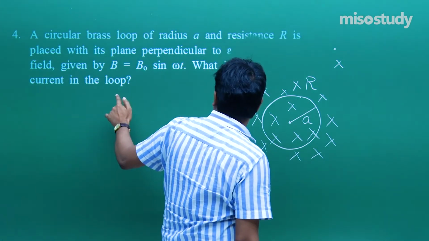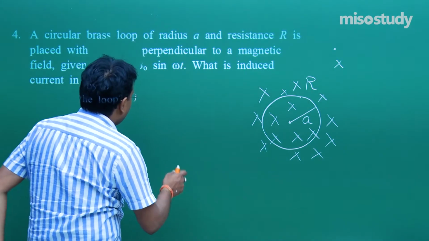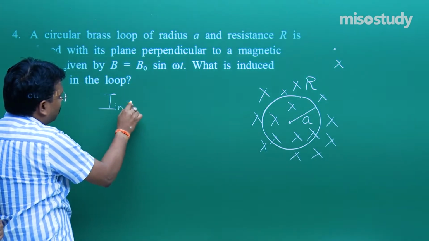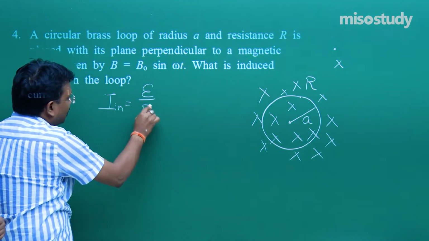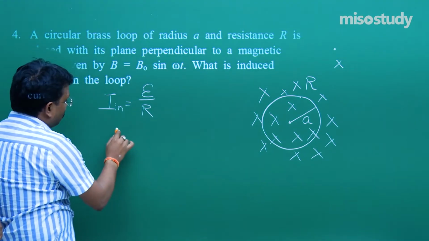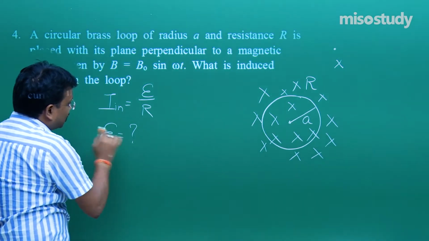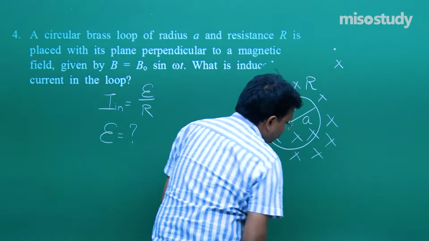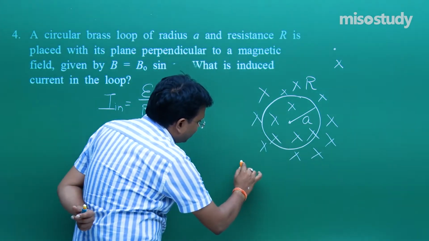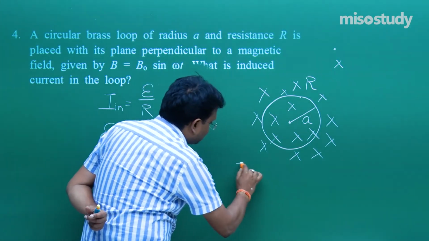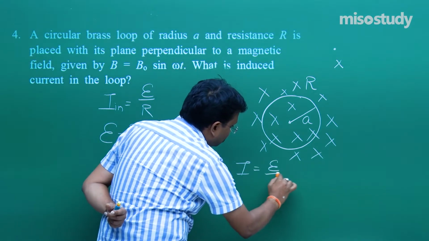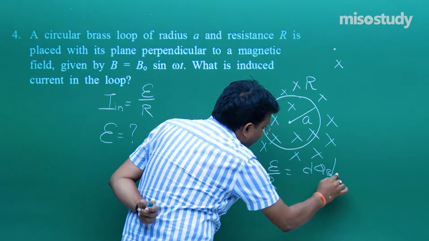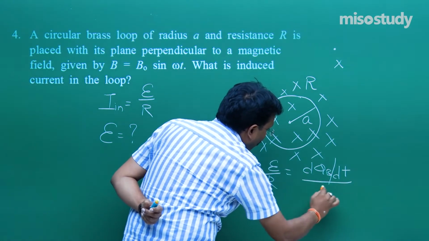Then I will calculate the current using the formula I induced is equal to EMF by R. Fine. So, our first target is to calculate the induced EMF. So, from here I can write this relation: I is equal to EMF by R, which is equal to d phi b by dt upon R.